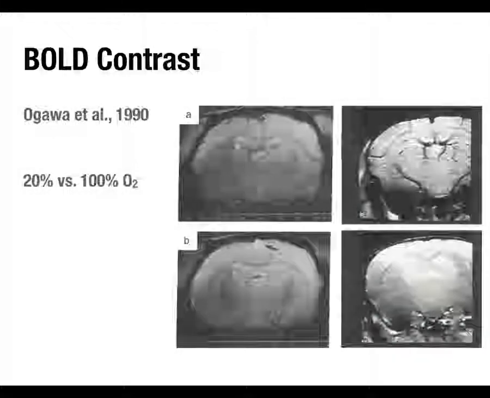And so when there's more deoxyhemoglobin, then you see these black lines, and those are being caused by disruptions in signals, so basically signal drop-off. So we'll get to the pulse sequence in a minute, but basically this pulse sequence is sensitive to magnetic field strength, broadly speaking.